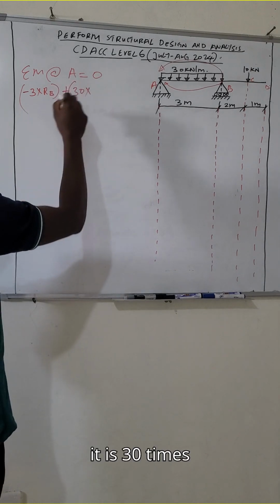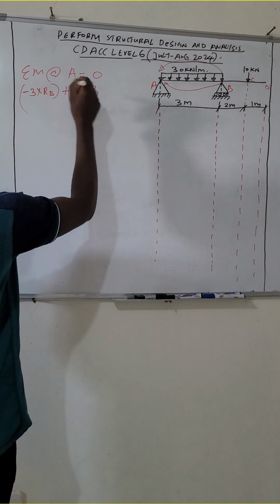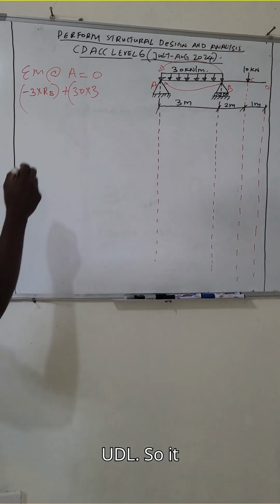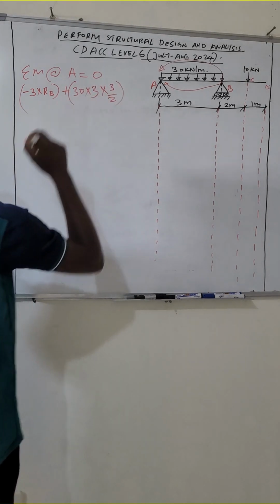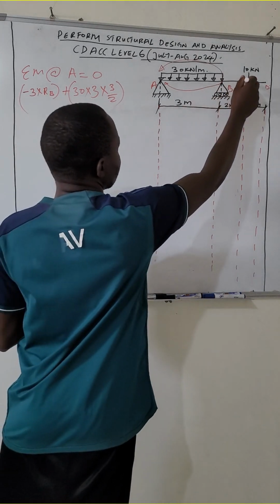So it is 30 times the distance covered by that UDL, which is 3. By doing so, you have converted the UDL into a point load. Then the bending moment for a UDL acts at the center of the distance covered by the UDL. So it will be the center of 3, that is 3/2.